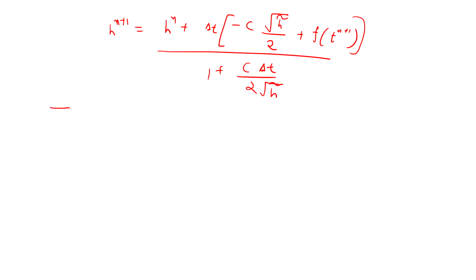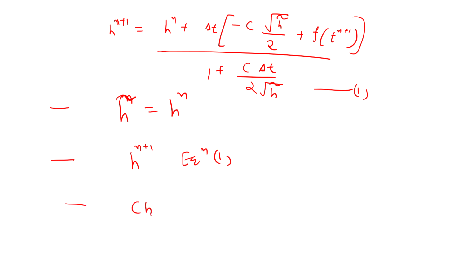So the problem will boil down to this: first I will calculate h tilde, which will be equal to h_n. Then I will find h_{n+1} using equation 1. Then check for convergence.